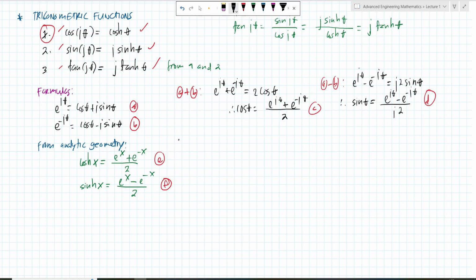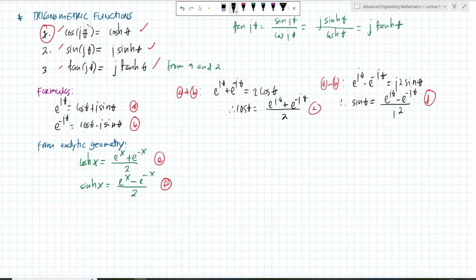That is why we appreciate the formulas, because we know how to derive them and where they came from. You just don't memorize those formulas without knowing their origin. So how can we derive equation 1 from these equations?